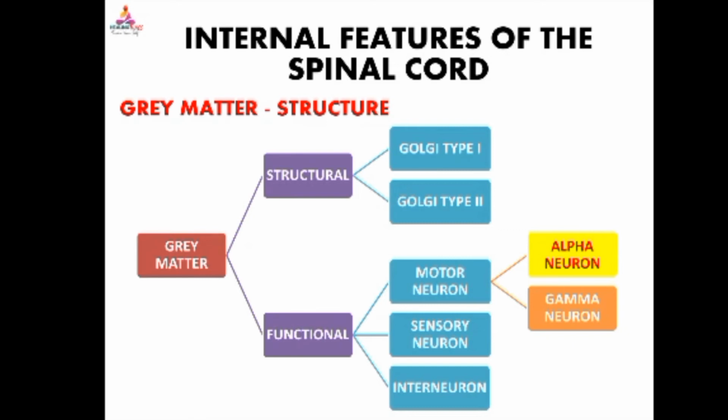They are 25 microns or more in diameter. Next is the gamma motor neuron. These are small multipolar cells and supply the intrafusal muscle fibers of the neuromuscular spindle in skeletal muscles. They are 15 to 25 microns in diameter.